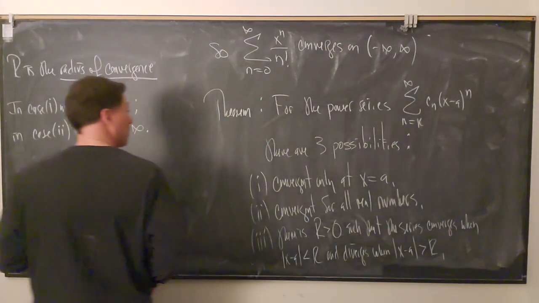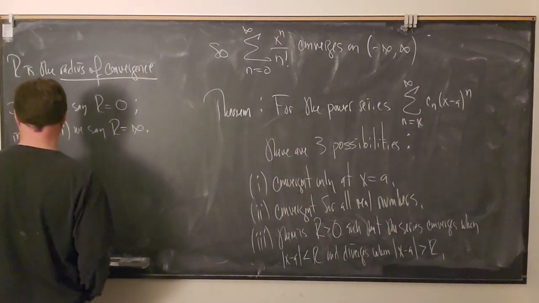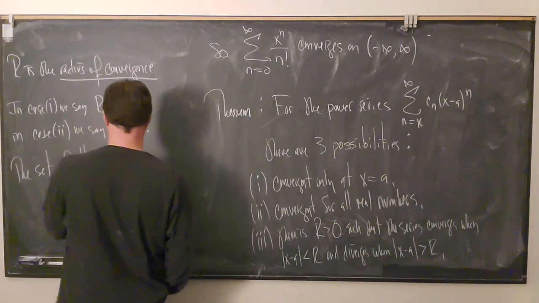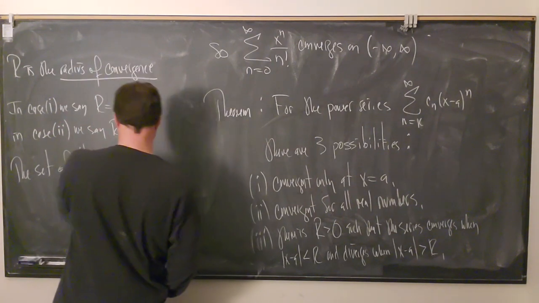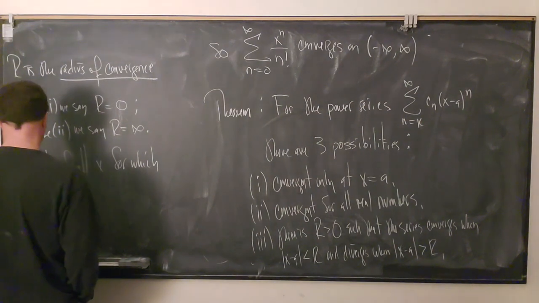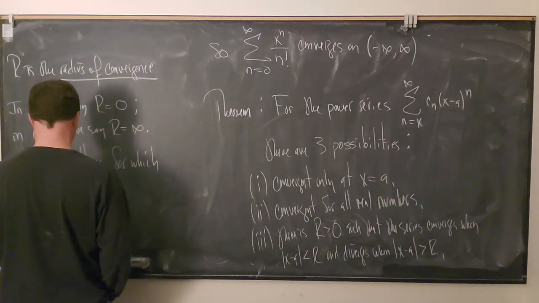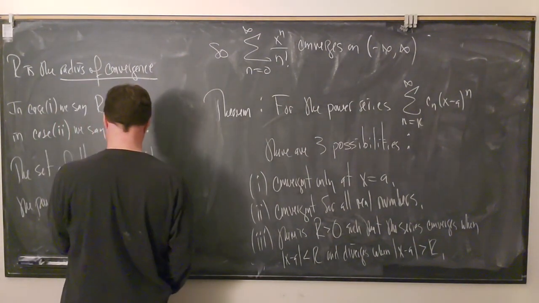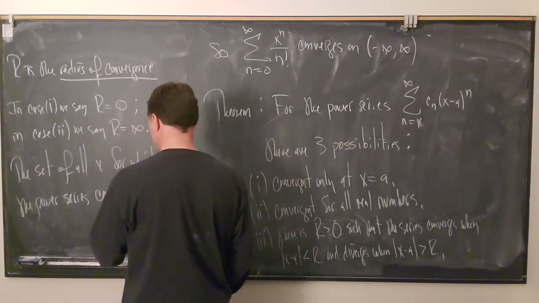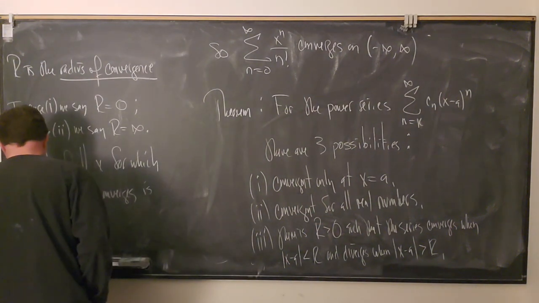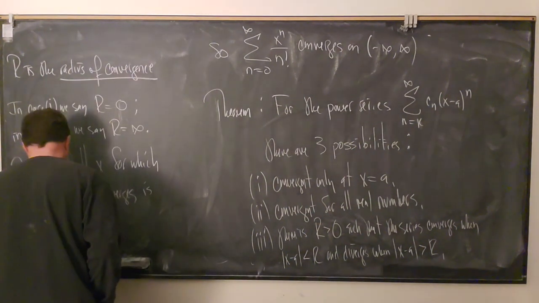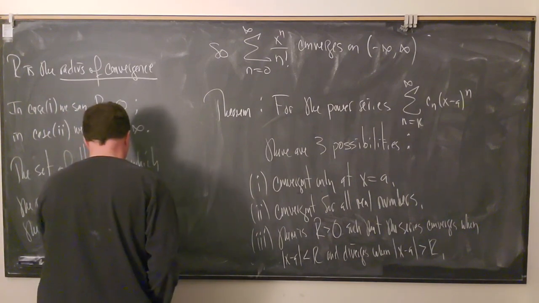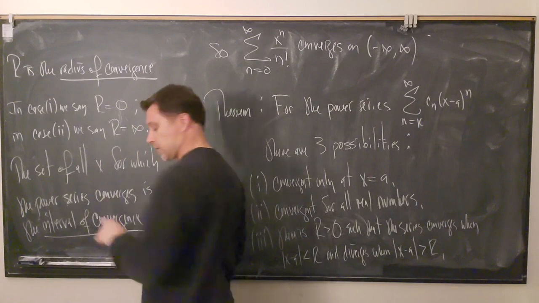And one more piece of terminology. The set of all x for which the power series converges has a name: this is the interval of convergence.